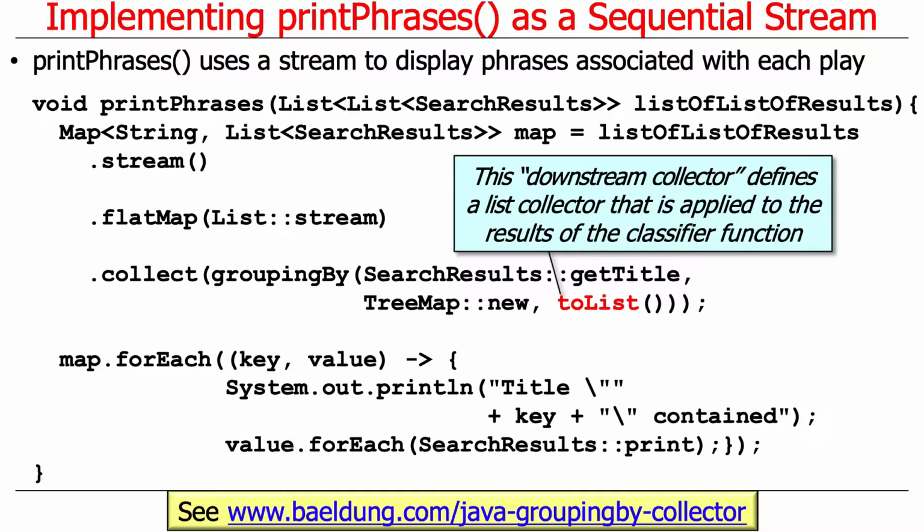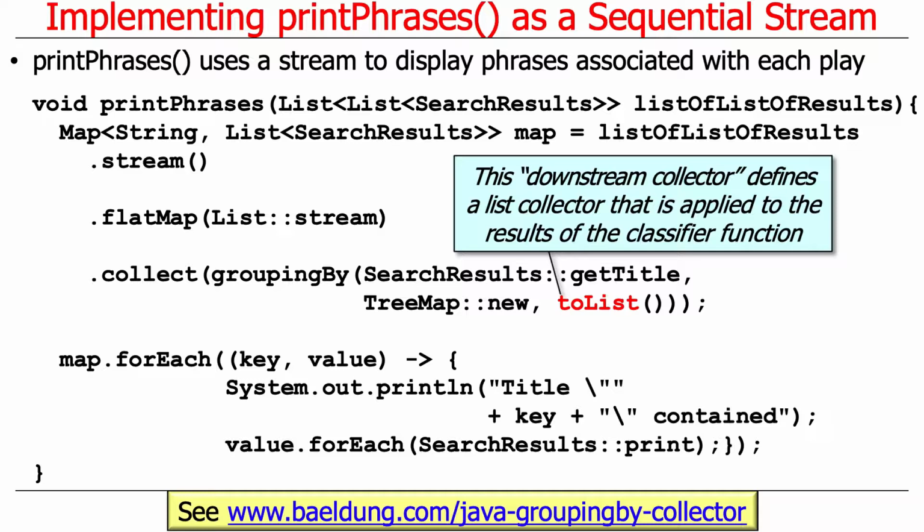So if you have something where the title is the tragedy of Hamlet, then each element that matches that will go into a list of search results that's stored in the map. So it's basically, as we saw when I showed you the original output, it's going to be the list of the name of the play, followed by all the quotes, all the phrases that occurred in that play. Those are the values of the map.